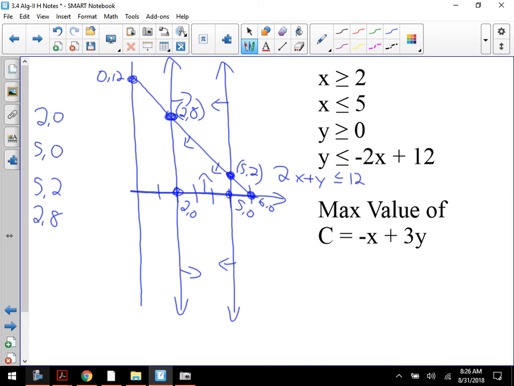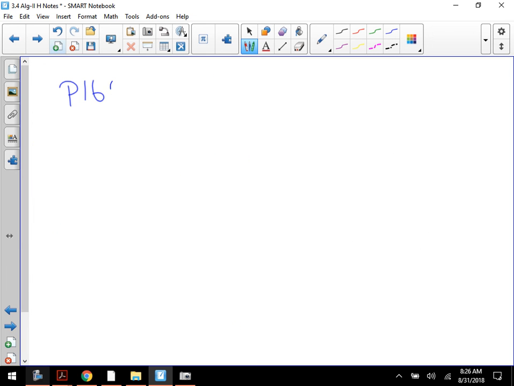I think I have the PDF file on there. Let's just do 12, 13, and 14. It's on page 166. The PDF file should be up. It's section 3.4, 12, 13, 14.